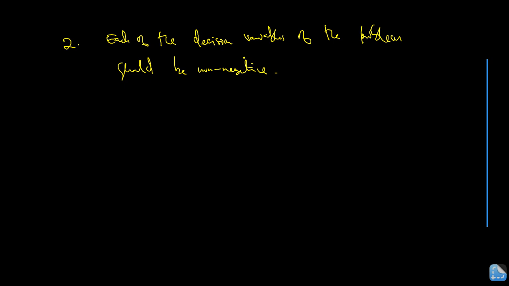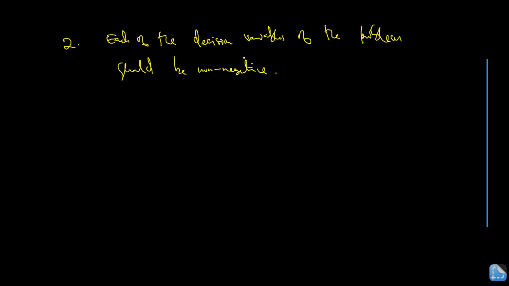It means that such a variable can assume negative values as well as non-negative values. If you have an unrestricted variable, you can't find the optimal solution to such a problem.